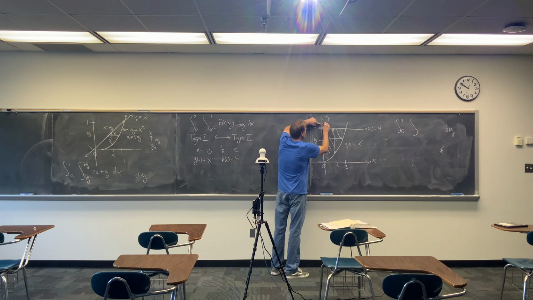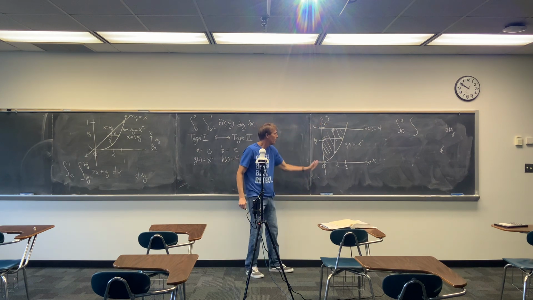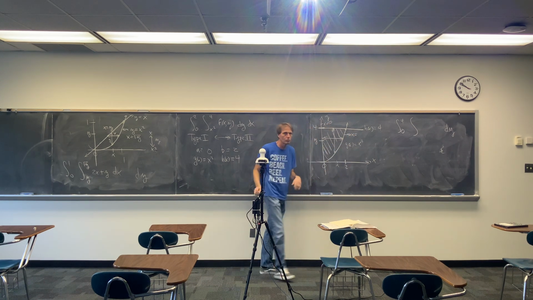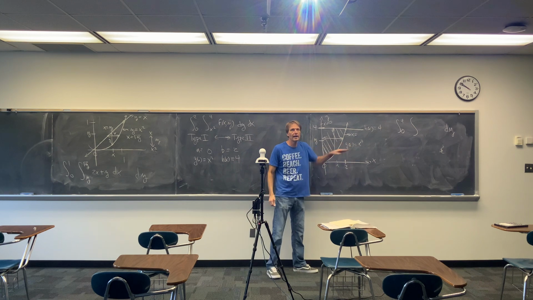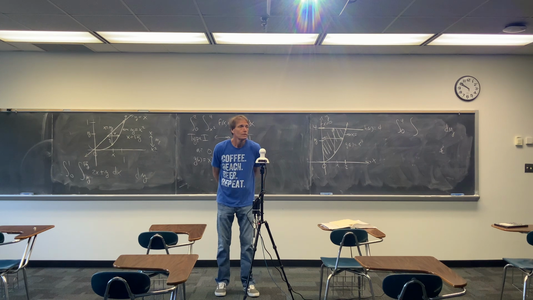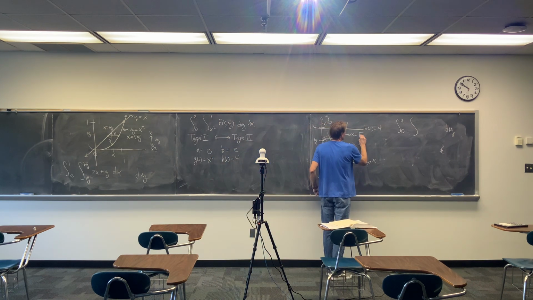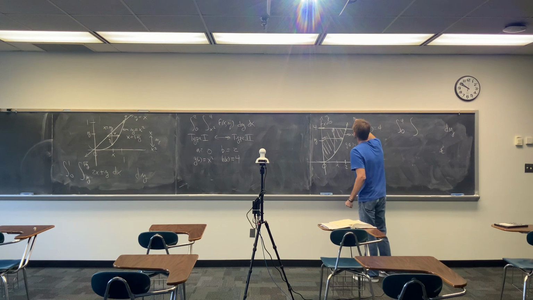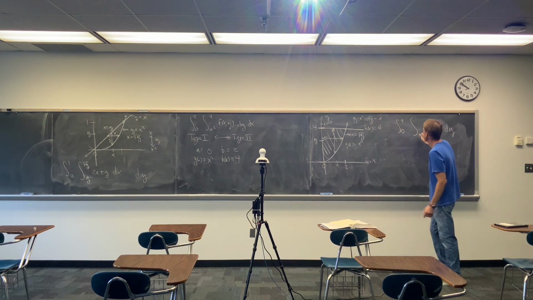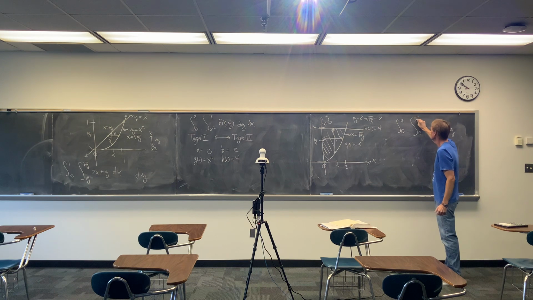This would be the function x equals 0. And this would be x equals what? If y is equal to x squared, then x is equal to the square root of y. So then I could say that I'm running x between 0 and the square root of y.